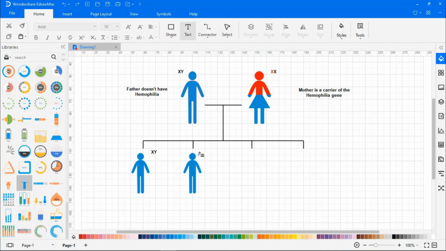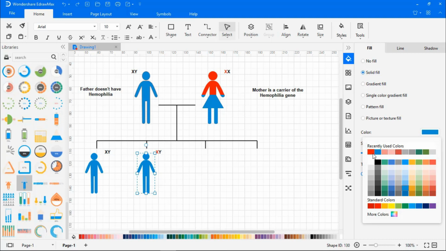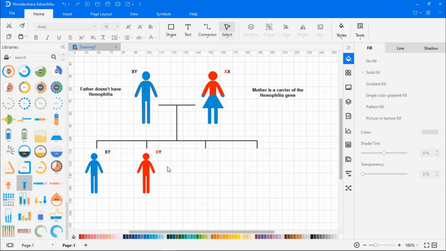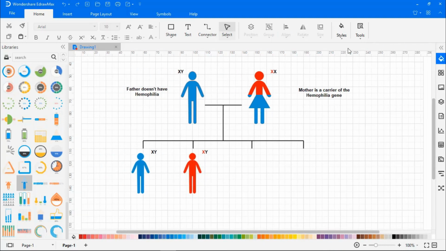Now, say the second son receives a recessive X gene from the mother, and therefore he is an affected male, and we color him red. Similarly, the third female child receives normal X from both her parents.